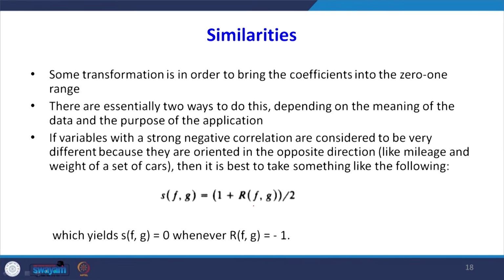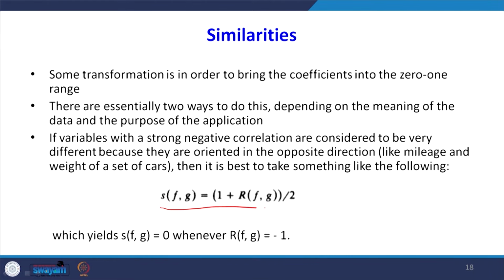So, in that case we have to go for some transformation in order to bring the coefficient into the 0 to 1 range. There are essentially two ways to do this, depending on the meaning of the data and the purpose of the application. If variables with a strong negative correlation are considered to be very different because they are oriented in the opposite direction, like mileage and weight of a set of cars, then it is best to take something like the following.